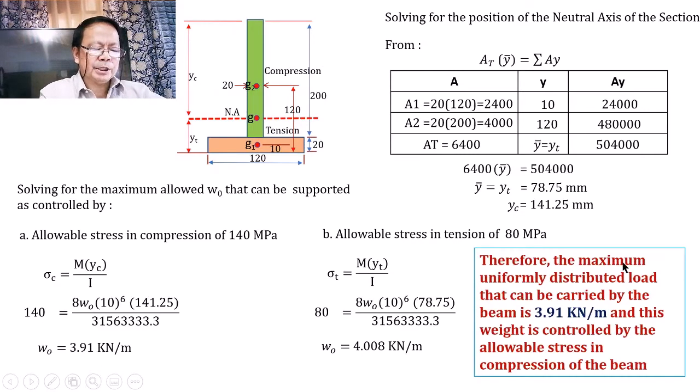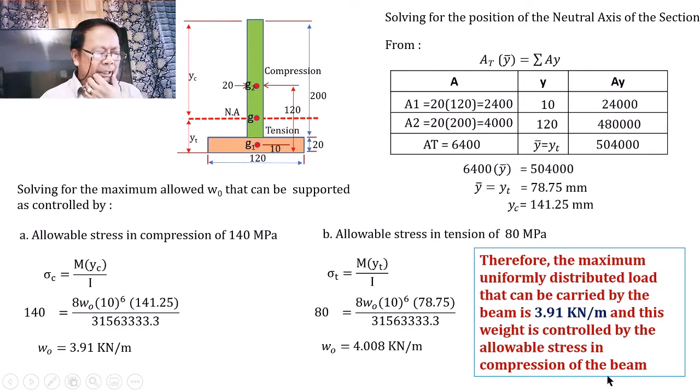Hence, we would say that the maximum uniformly distributed load that can be carried by the beam is 3.91, and this weight is controlled by the allowable stress in compression of the beam. So that is how we define the maximum permissible load when we have an unsymmetrical beam.